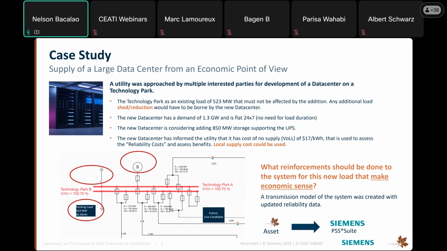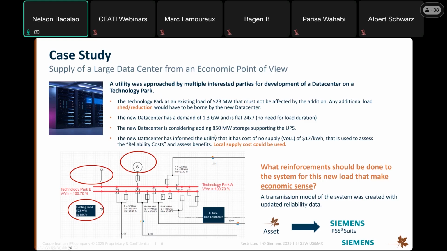So typically, this type of analysis is done with a load duration curve. So we have the energy not served at the peak, at several intermediate levels, and at the valley. But in this case, to keep it simpler, it's a flat 8760 load.